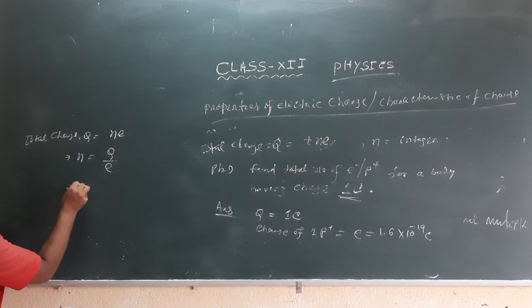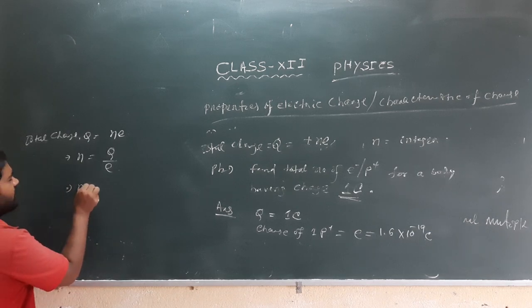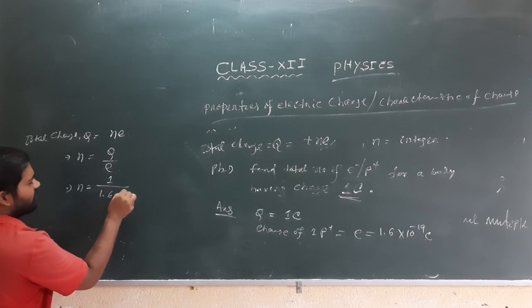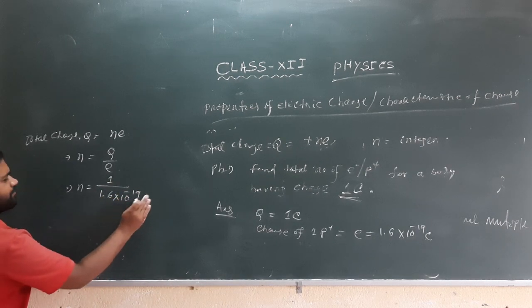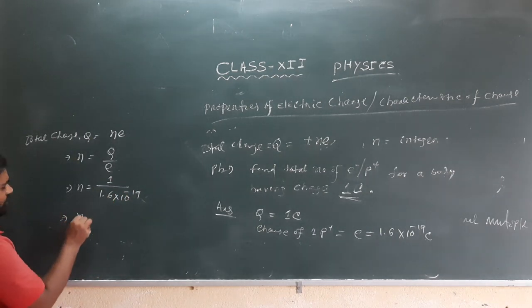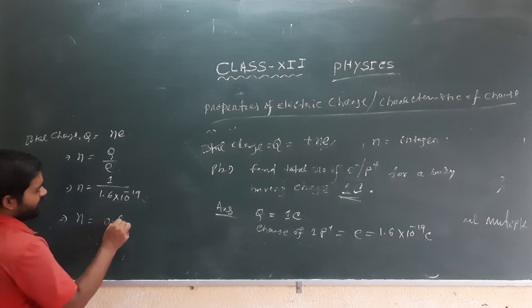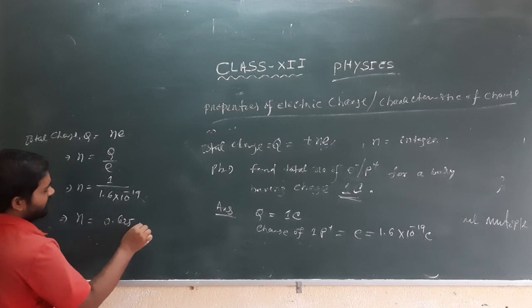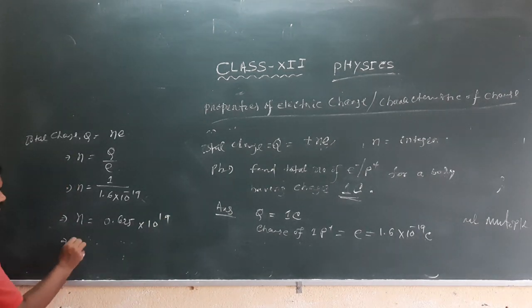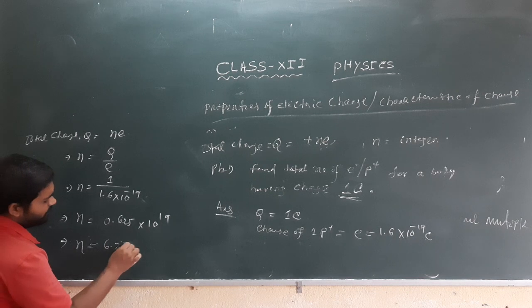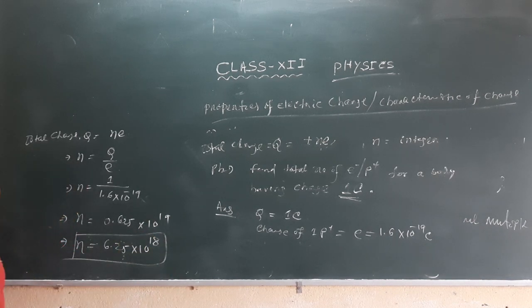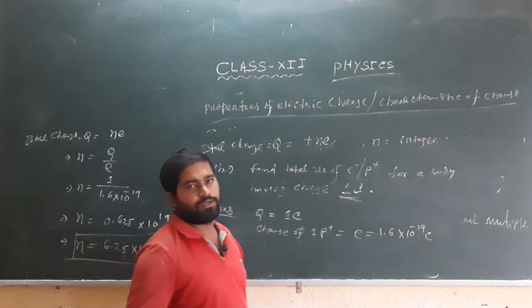If you substitute here, N equals 1 divided by 1.6 into 10 to the power minus 19 coulomb. The coulomb cancels because N is an integer. So N will be 0.625 into 10 to the power 19, or N equals 6.25 into 10 to the power 18 electrons or protons constitute a charge of 1 coulomb.